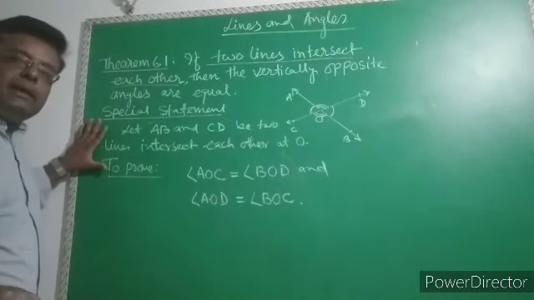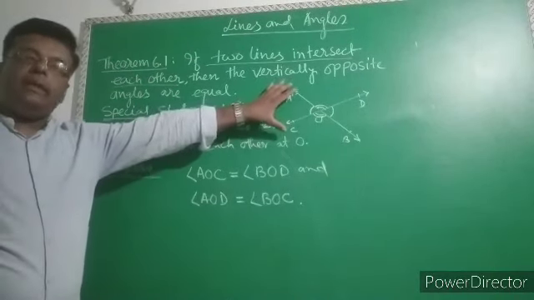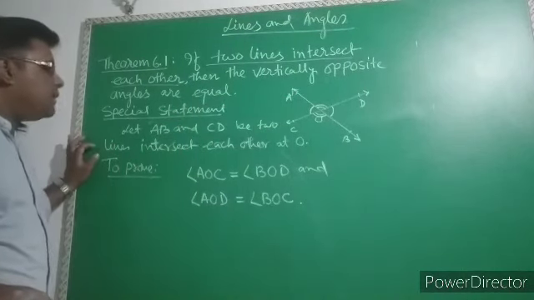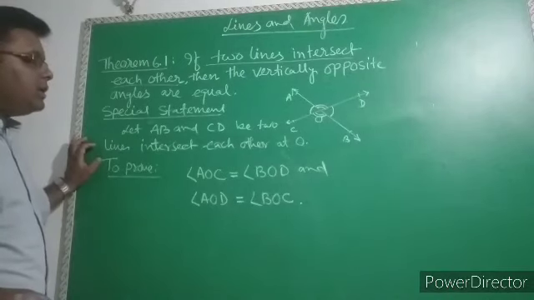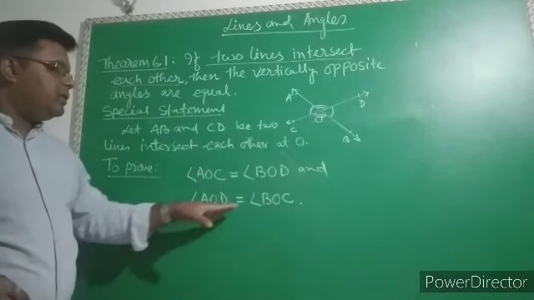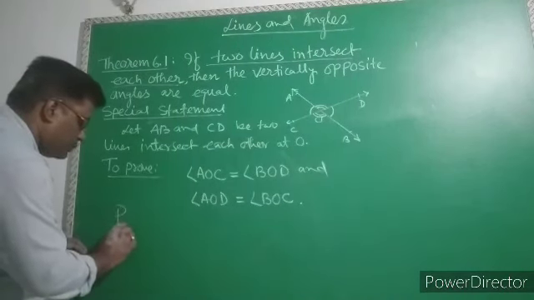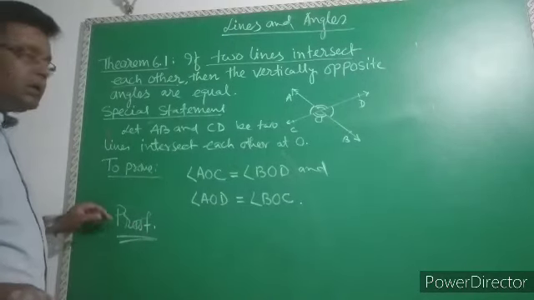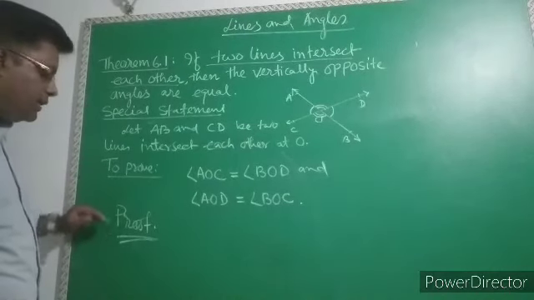Since AB and CD are not given in the question, we have to identify the figure. Let AB and CD be two lines intersecting each other at some point O, and we have to prove that the vertically opposite angles AOC equals BOD and AOD equals BOC. Next part is the proof. So we have three parts in this proof section: first, the special statement, next, what to prove, and next, the proof.